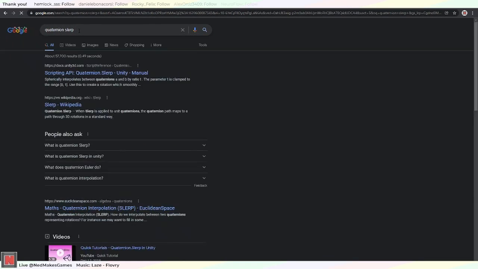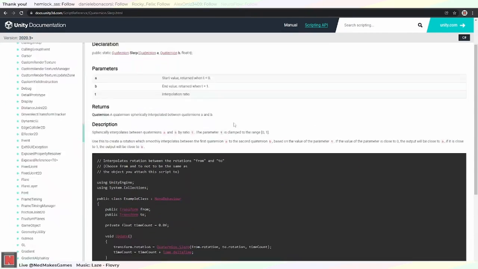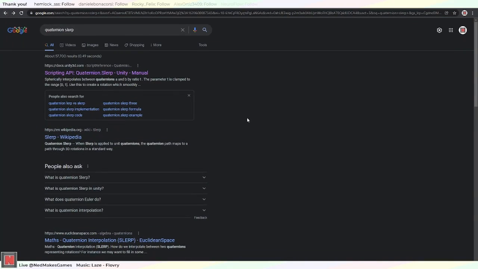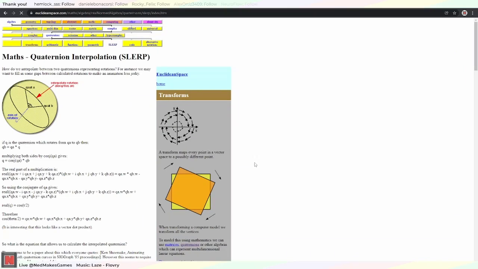I can find an easier... Yes, this is like the Unity version, but I don't think it tells you the source code. Again, Wikipedia is usually kind of confusing.